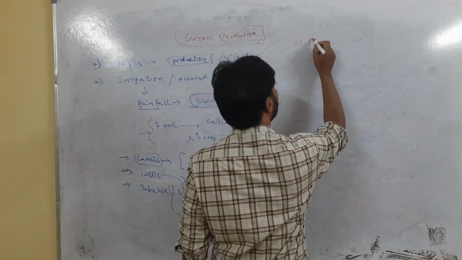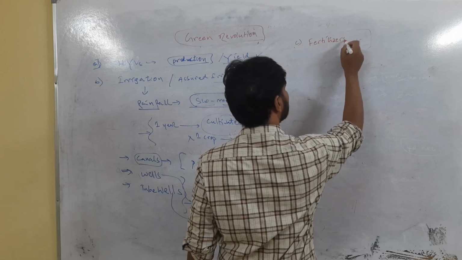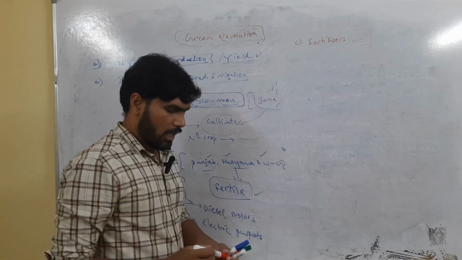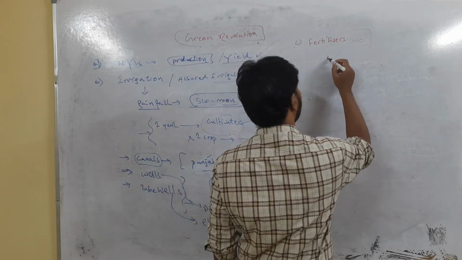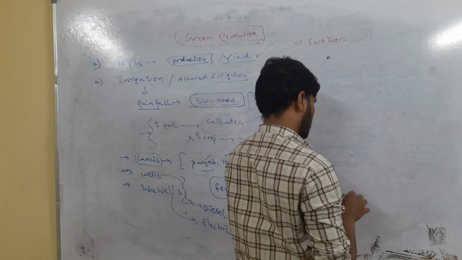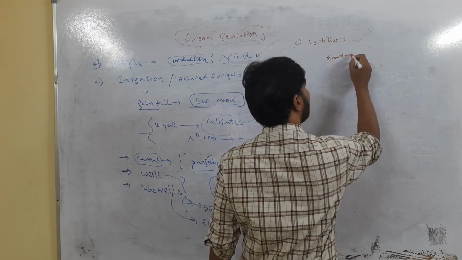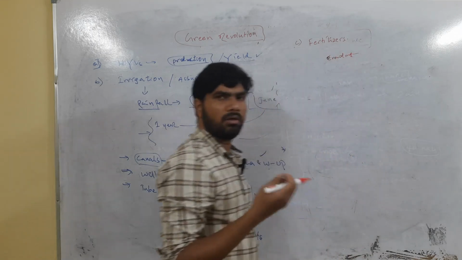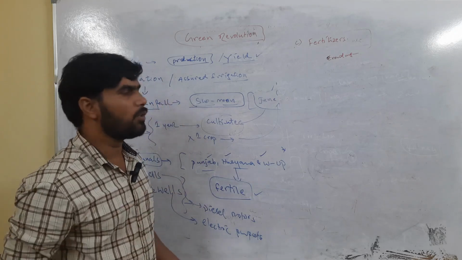Use of fertilizers or synthetic fertilizers. Earlier, what were the fertilizers we were using? Those were normal organic or natural fertilizers, which is basically cow dung, or animal waste like from goats and sheep, which people keep.